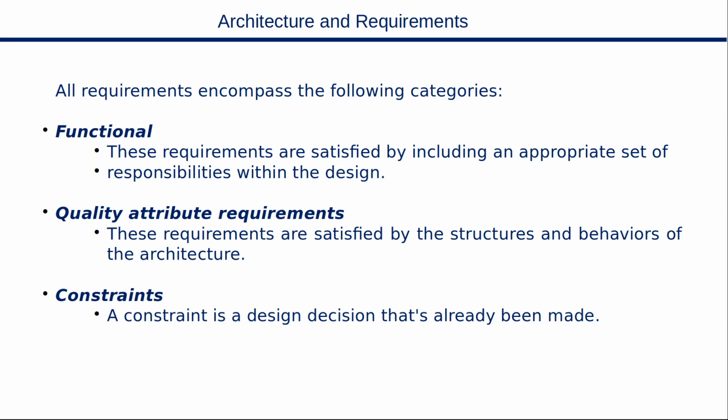For example, previously there was a decision that we will use some programming language or reuse some existing models or something like this. All of this is constraints that we have to pay attention to, and we are not able to skip them. You can look at them as external factors. Let's move on.